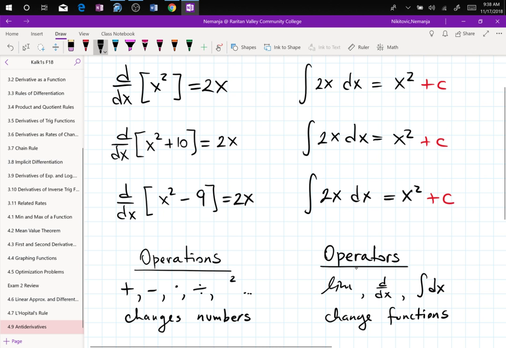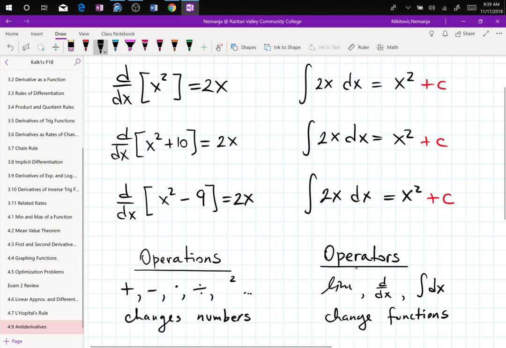Derivative changed the x squared function into 2x according to the rules of differentiation. The integral is going to undo that, changing 2x back into x squared, and then we have to put this plus c because we really can't determine this constant by just integration. We have to do more work. We'll see that later.